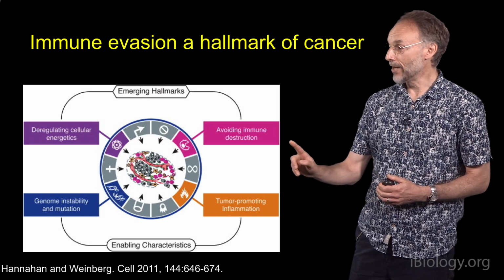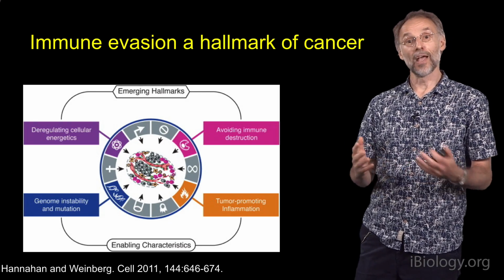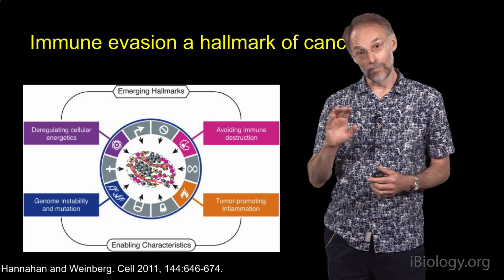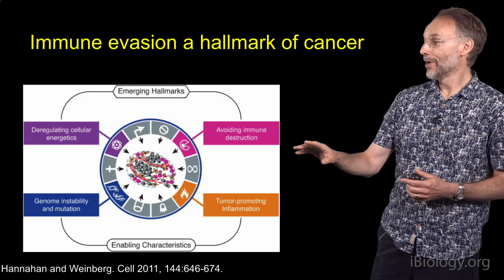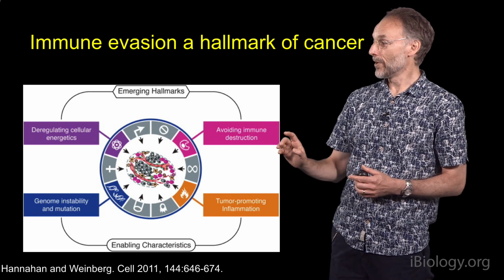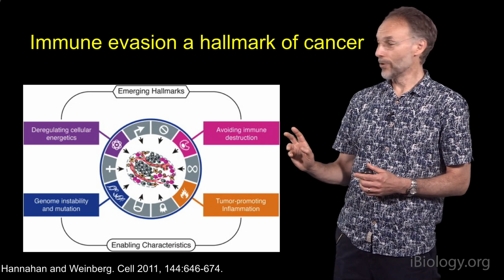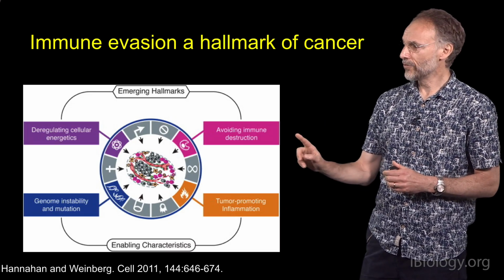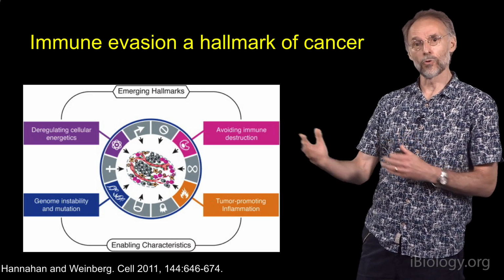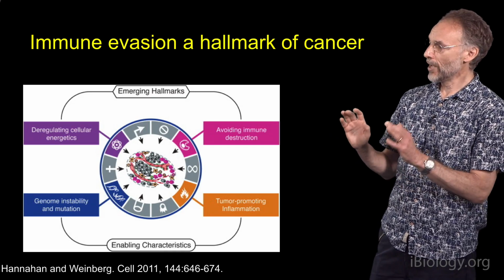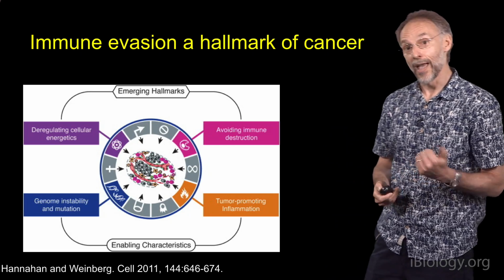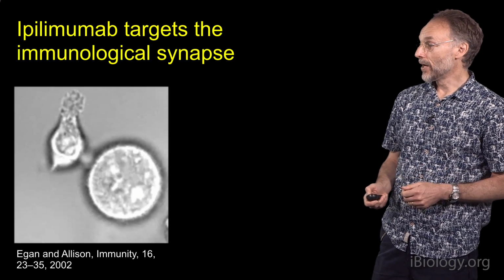A lot of this change has been driven by therapeutic agents that remove inhibitors of the immune system or neutralize inhibitory pathways that are probably normally protecting us from autoimmunity or immunopathology, but in the context of cancer can allow the cancer to evade the immune system. You block these and the immune system suddenly will see the tumors much more clearly and destroy them. So again, a change in opinion.